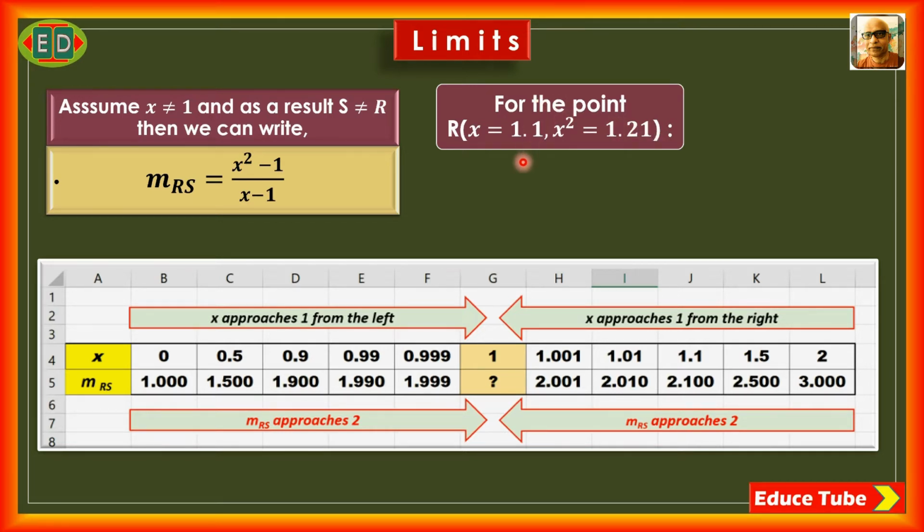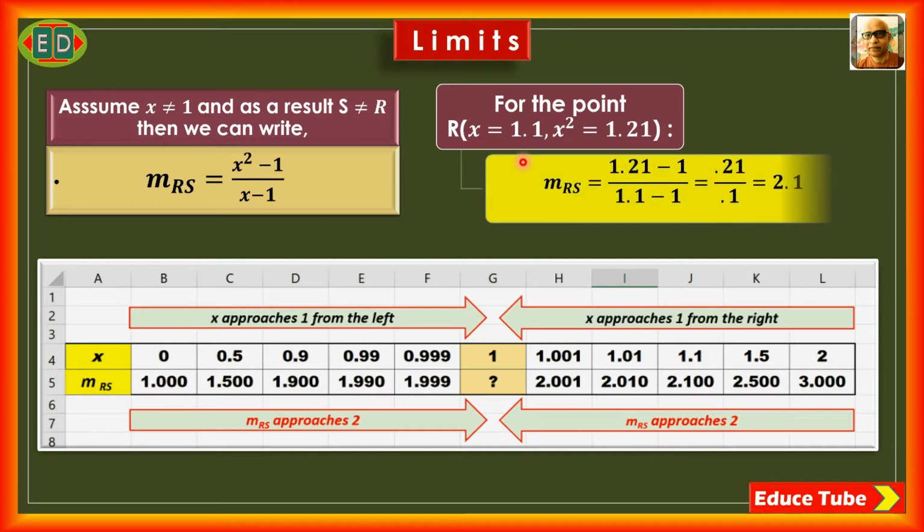So for this point, we have to find this MRS. This one we already got in the previous slide. So we are following this, putting the value of x square and x. So we get MRS equal to 1.21 minus 1 divided by 1.1 minus 1, so MRS equal to 2.1.